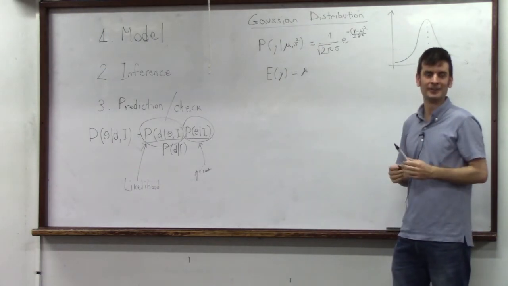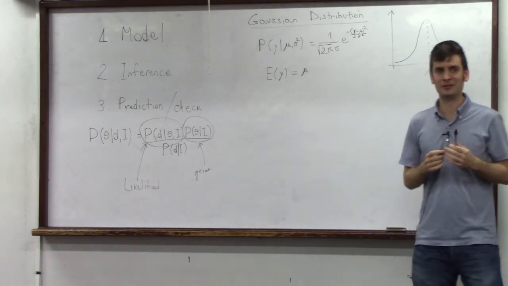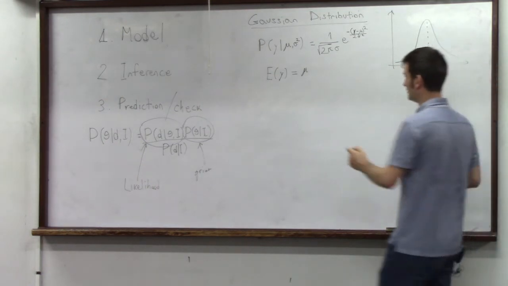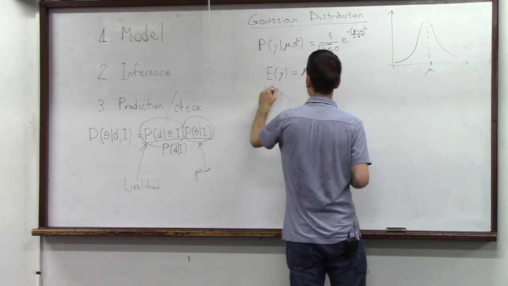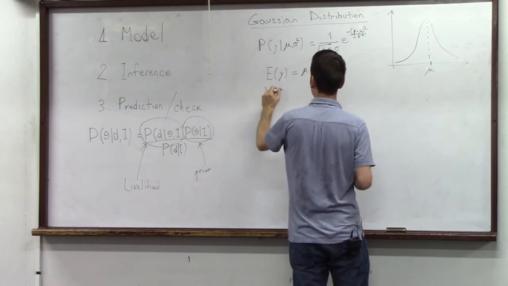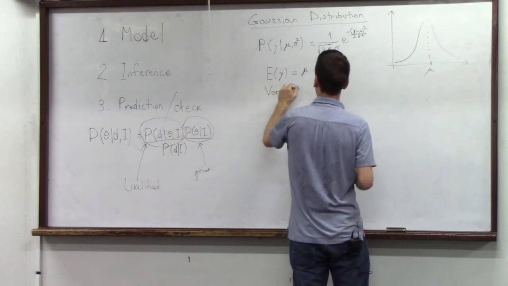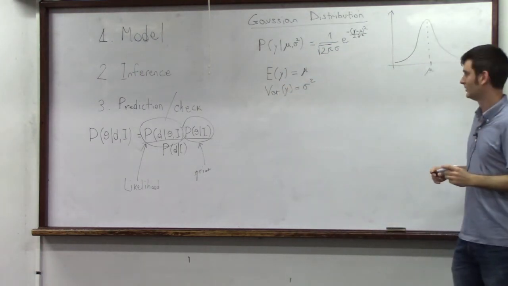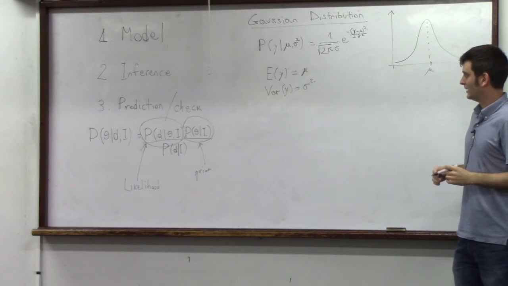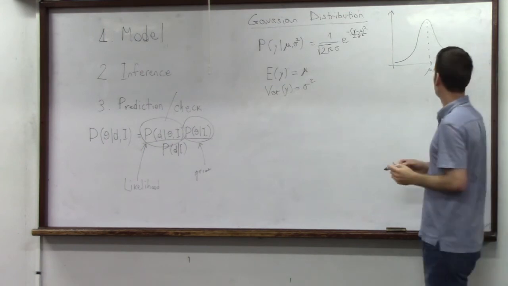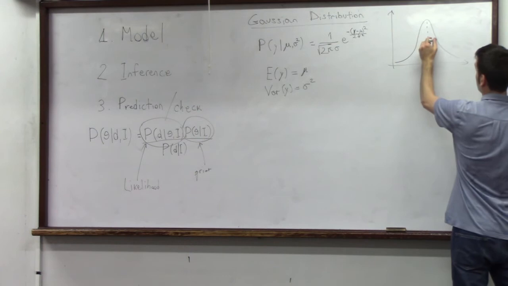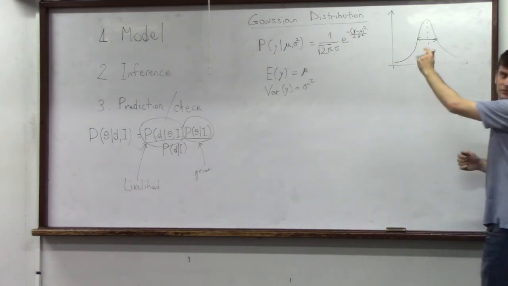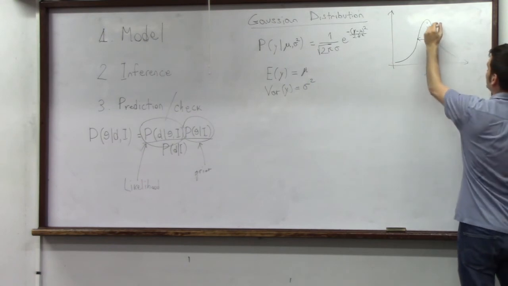This is a frequentist interpretation of the mean, and also the variance is sigma squared.